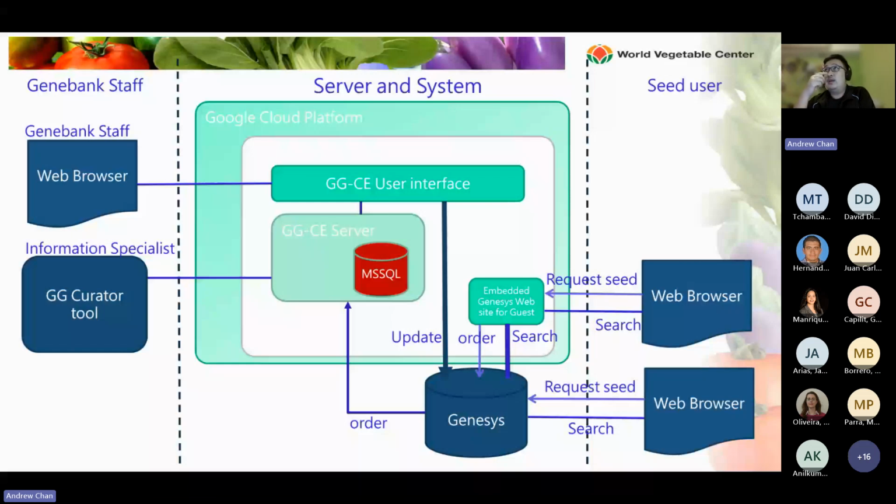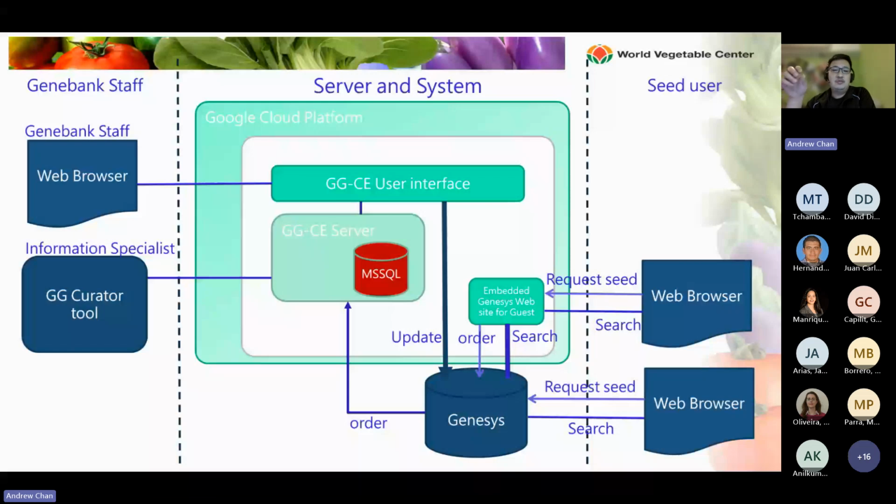So when I joined WorldVet in 2019, in the same year, I was sent to Vietnam to join the GRIN-Global workshop, which ProCharts held in Vietnam. At that time, mostly they were training users to use GRIN-Global USDA version and GRIN-Global Creator tools.